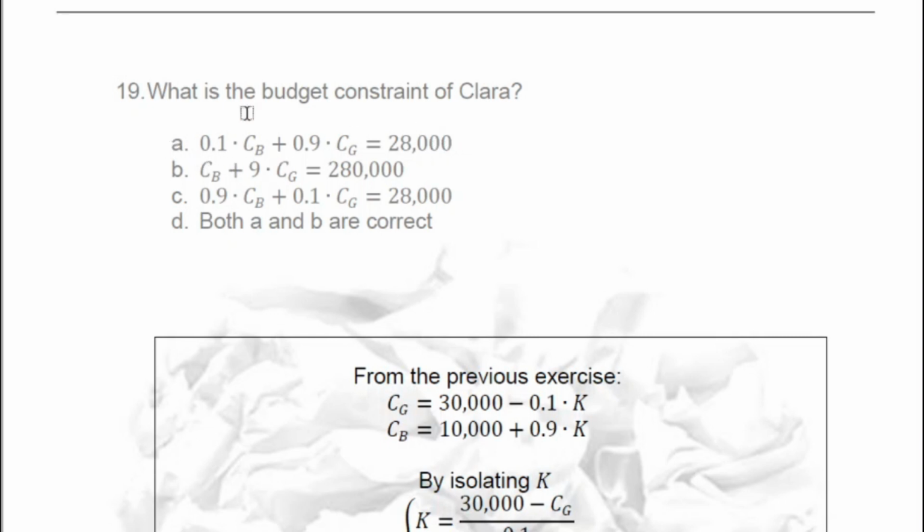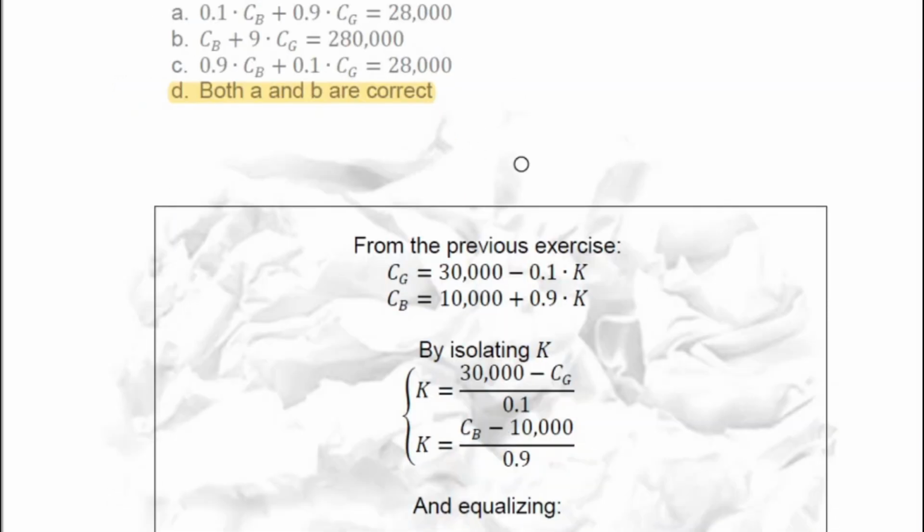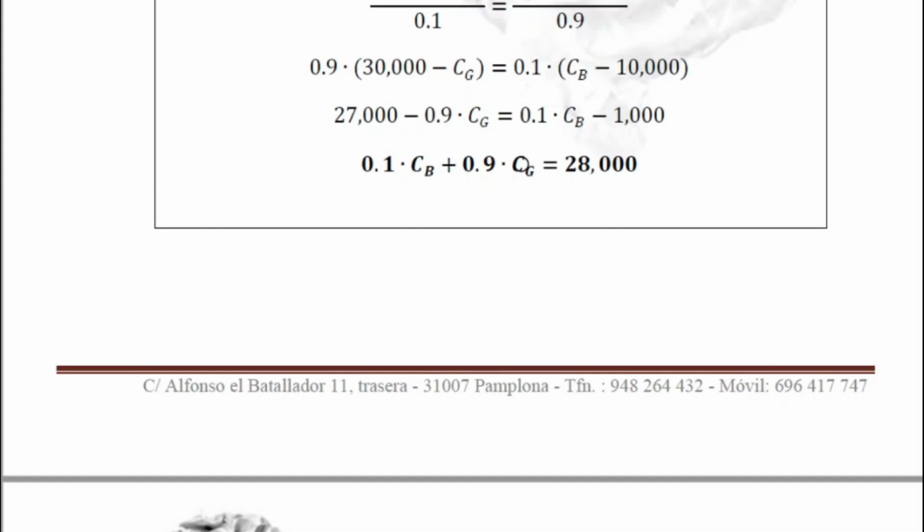If I multiply here by 10, I have CB plus 9 CG equal to 280,000. So be careful, because these two expressions, as I told you many times in class, represent the same line. So both are valid to use as the budget constraint for Clara.